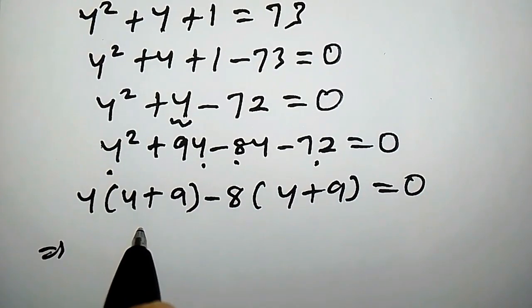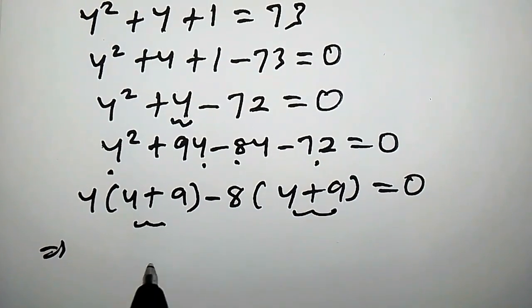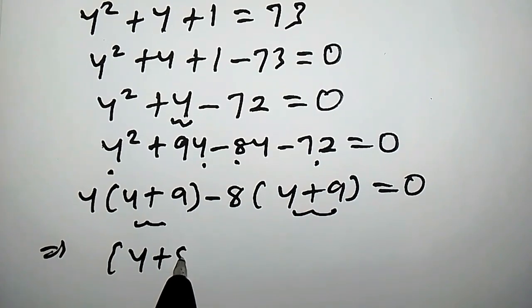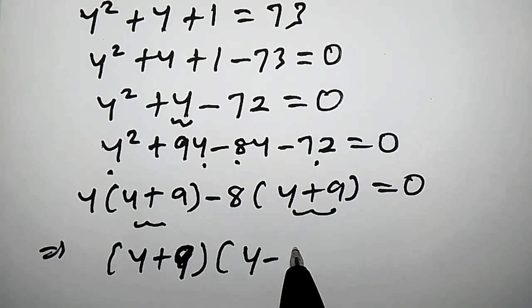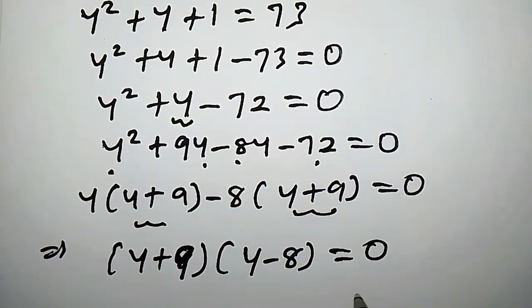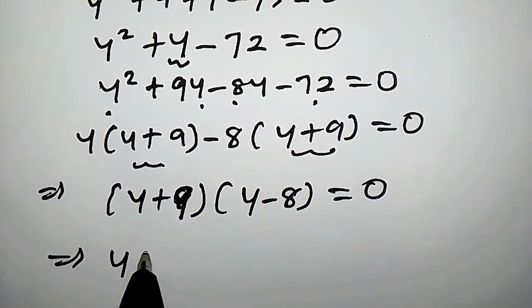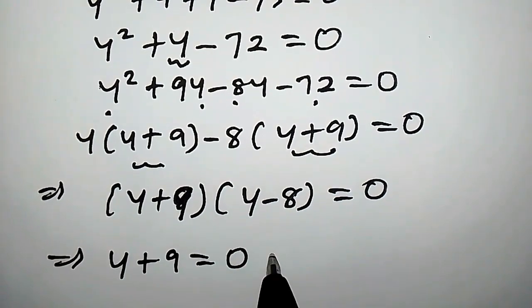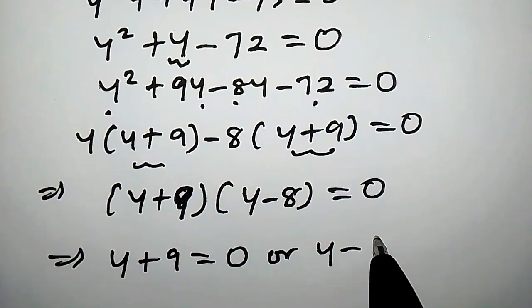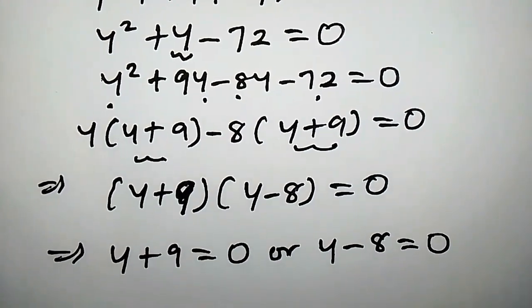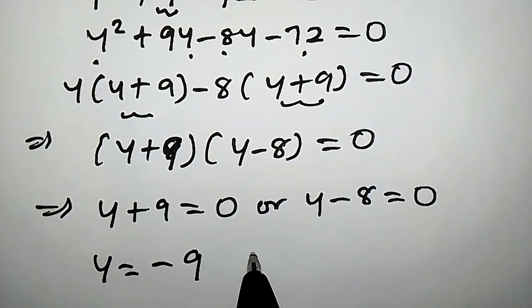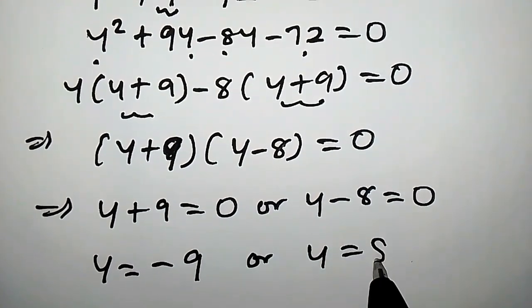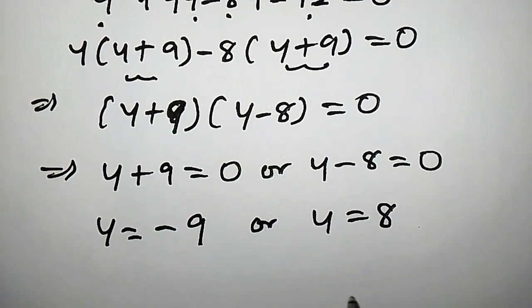So y plus 9 is common. We have y plus 9 times y minus 8 equal to 0. This implies that y plus 9 is equal to 0 or y minus 8 is equal to 0. Clearly, y is equal to negative 9 or y equal to 8. Thus, we have two values for y here.